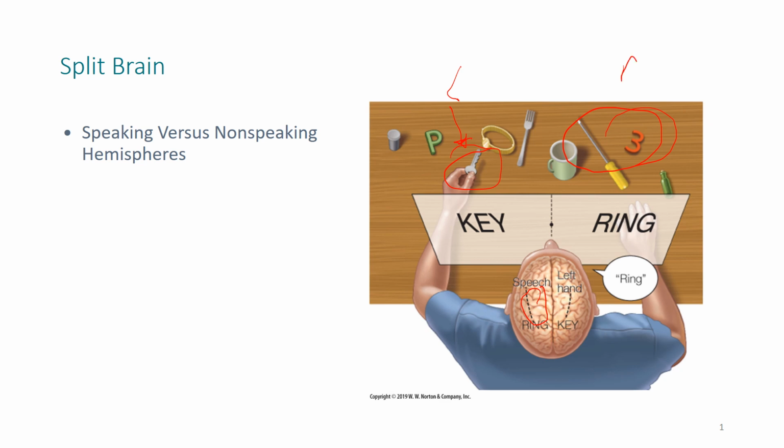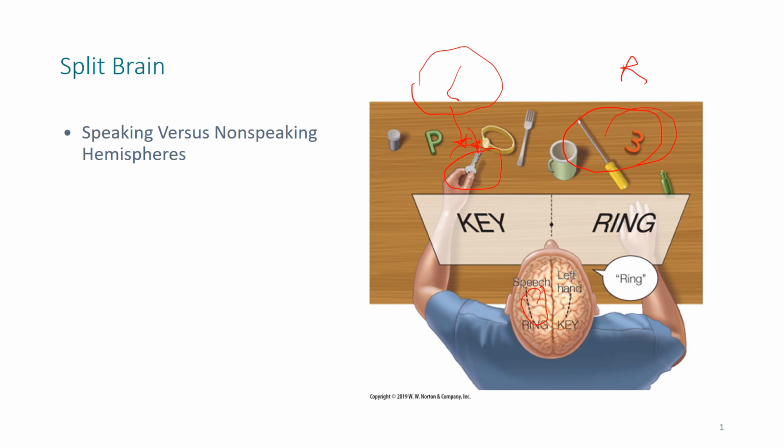So when you show him anything on the left side, he cannot say it. He'll tell you he didn't see it. But if you just put it in his hand, he can recognize it and tell you, oh, this is a key.